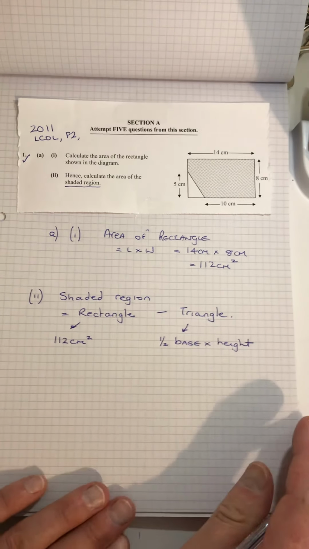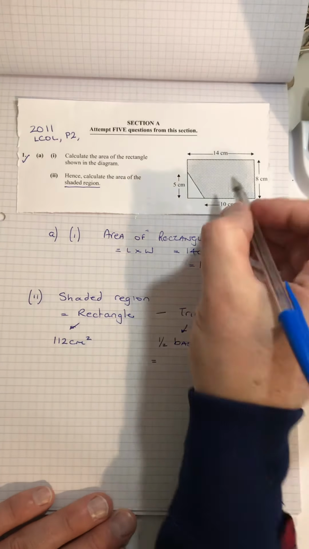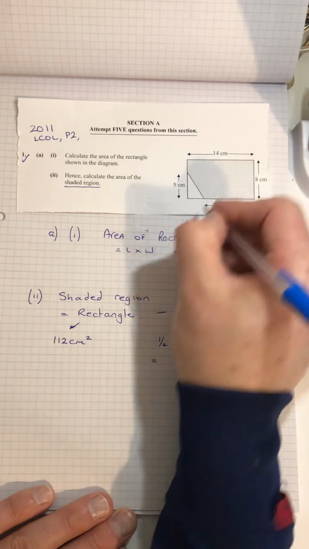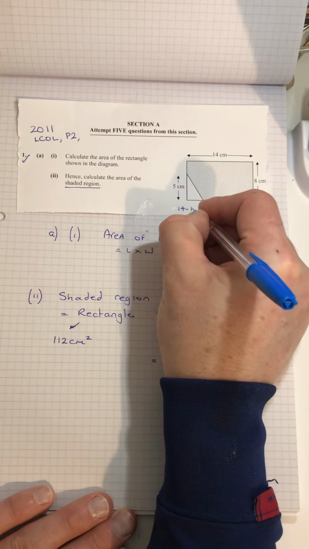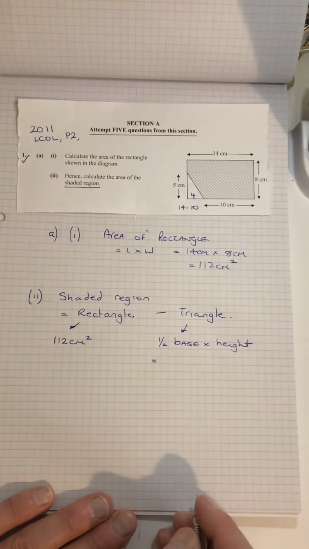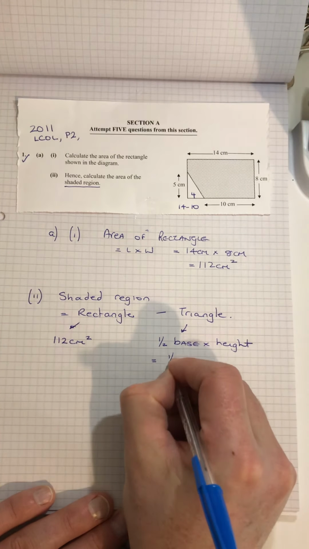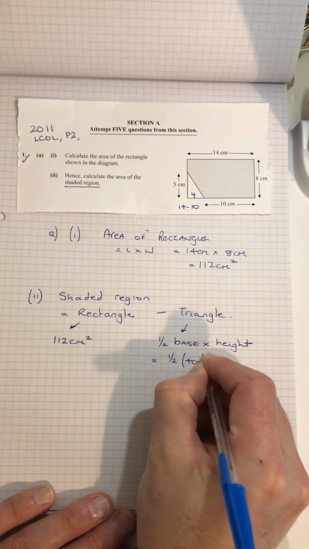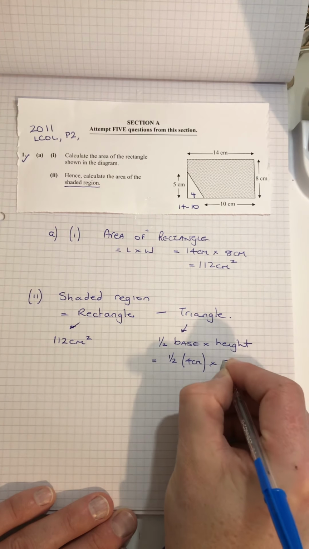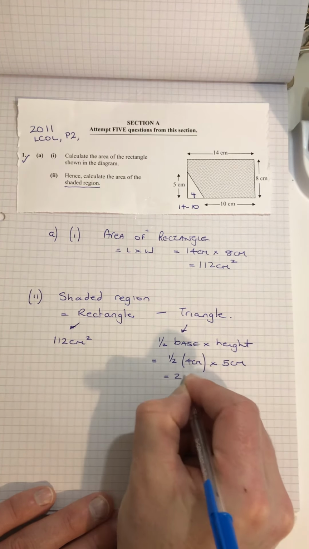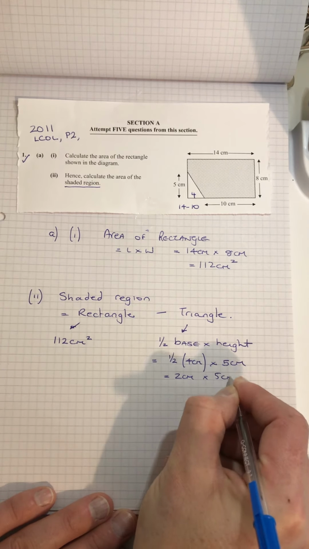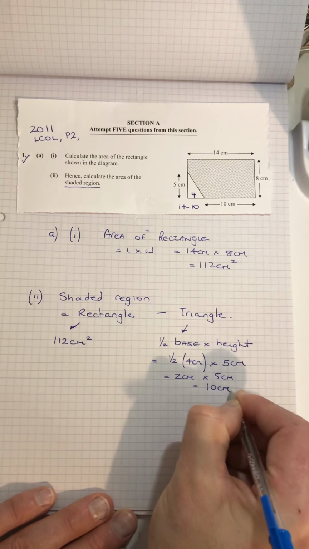In this case, this is 10, so 14 minus 10 gives you 4 centimeters. So the base is a half, base 4, multiplied by 5 centimeters. So 2 centimeters by 5 centimeters is 10 centimeters squared.